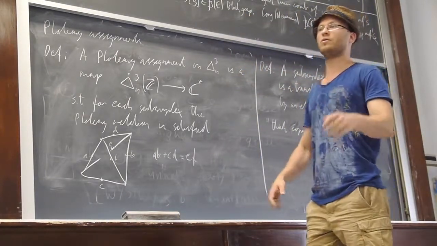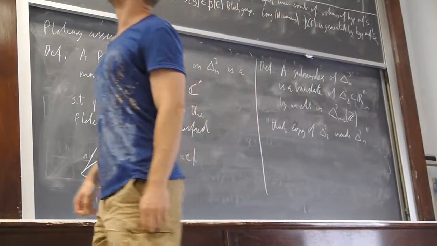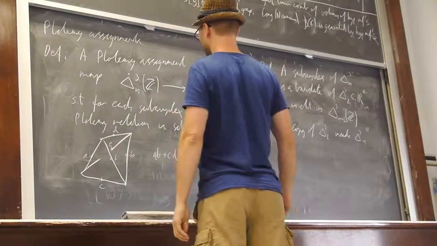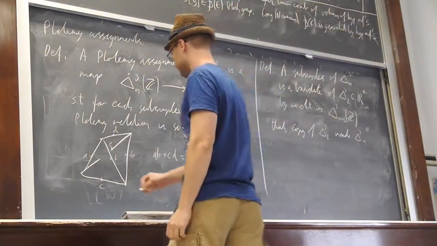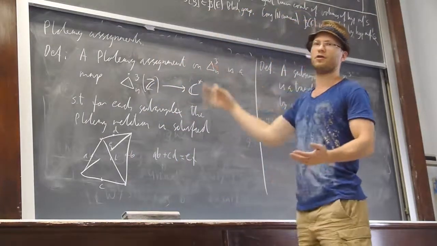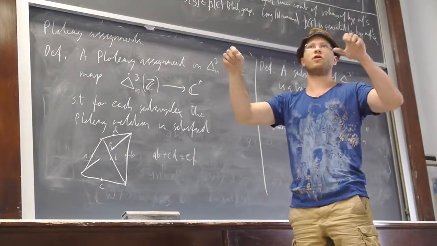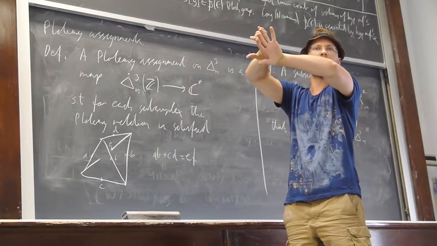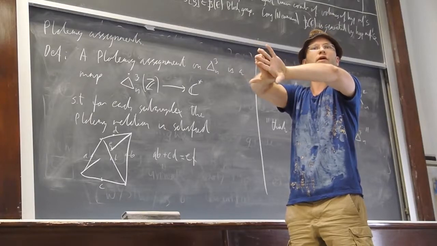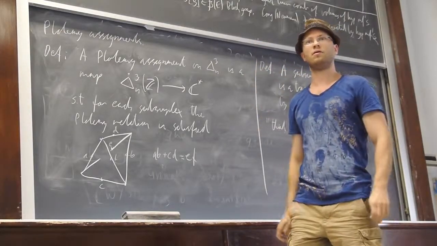And then you can compute it, so this gives a variety. And I should also say that a Ptolemy assignment on the whole triangulation is just that if 2 points are identified in the gluing, of course you want the Ptolemy coordinates to be identified as well. Right?